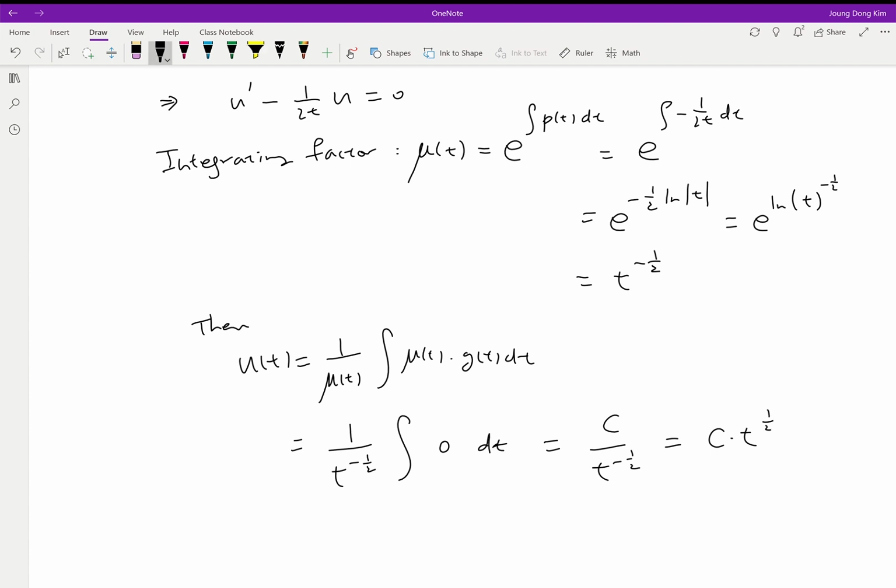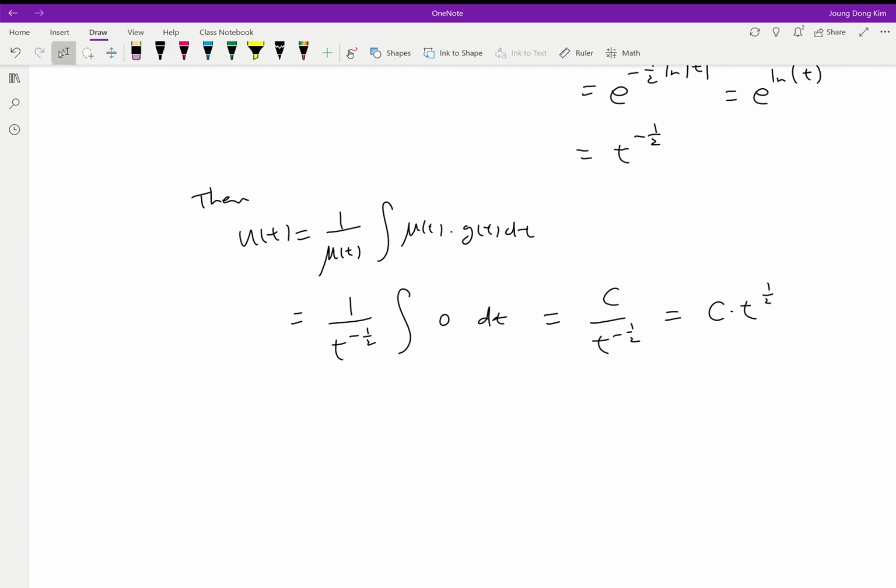But keep that in mind. We are not going to try to find u, but we need v to complete this. What is v? Actually, u is v prime. Then we can say your v prime is equal to c times t to the 1 half, okay? So let's do the integral one more time.